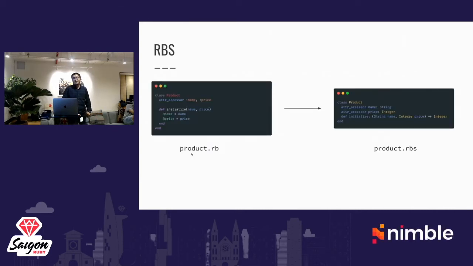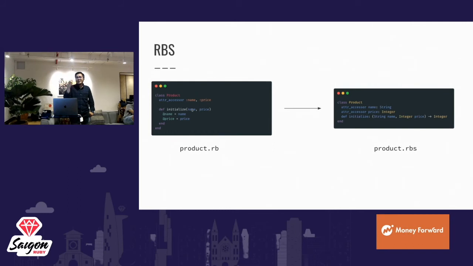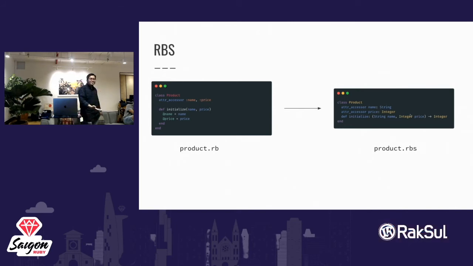We have a product.rb, and this product is a really simple class. Then we have to create an RBS file next to the RB file. This file doesn't contain anything except the type signature. What is a type signature? A type signature is just an annotation that says what the type of a particular component in the Ruby file is.